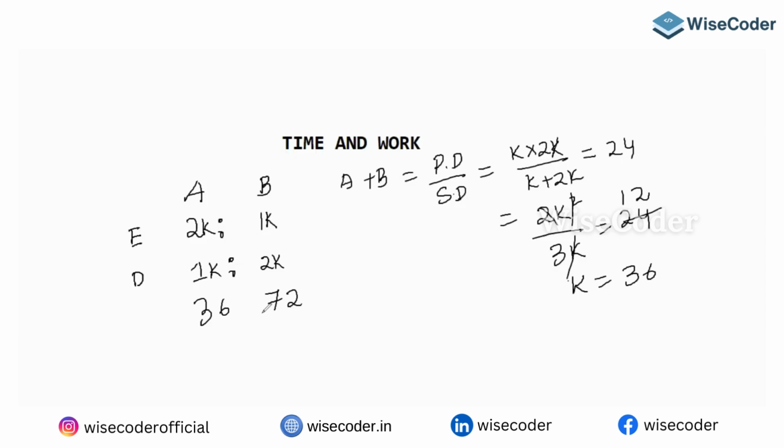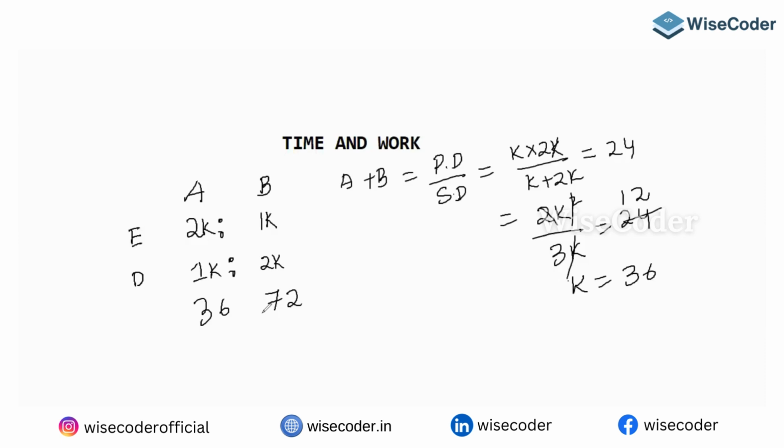If A and B together can finish a piece of work in 4 days, then C can do it by himself in how many days?